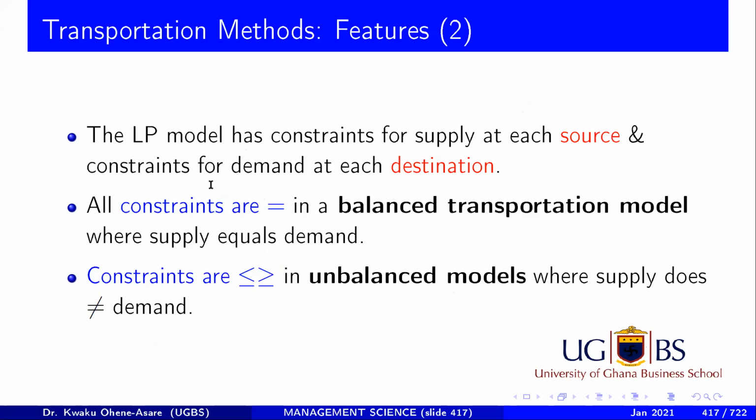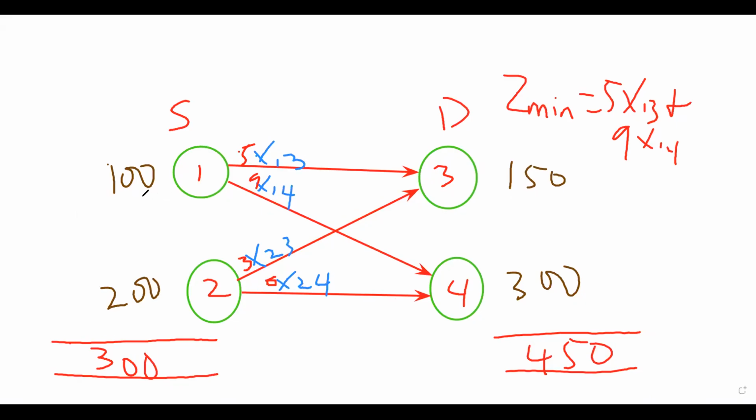Now, when there is a balanced transportation model, all the constraints are going to have equal to. So for example, if you are writing the constraint for 100, all you are going to do is to look at the arcs that are leaving it and check the decision variables there and add them.